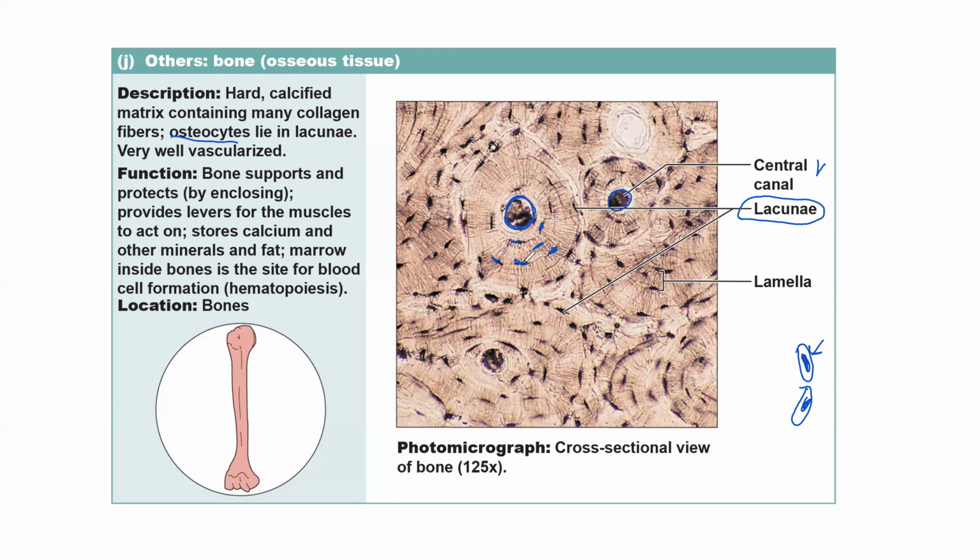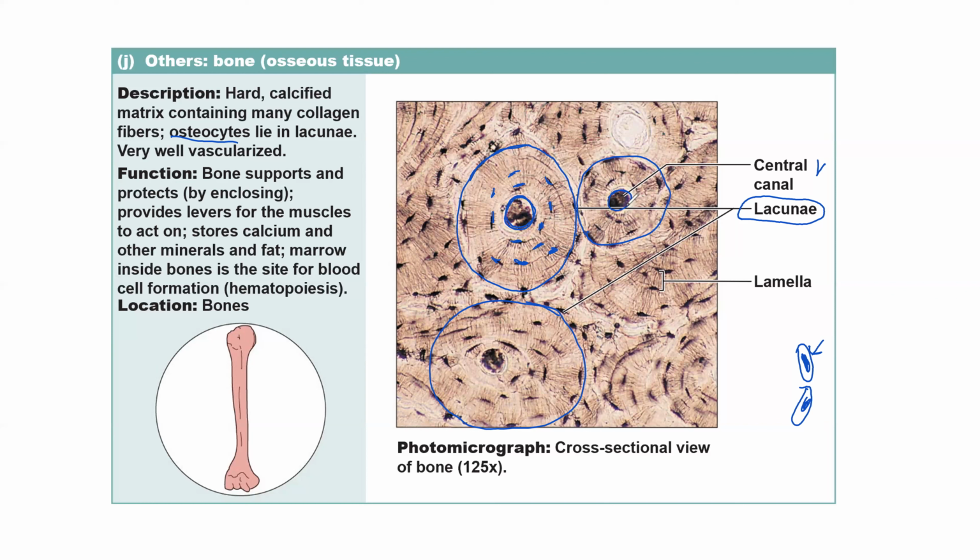And the cells are located around the central canal. You see how they are located around the central canal and form this whole circular structure called an osteon. So this circle is called an osteon. Here's another osteon. Osteons are structural units of compact bone.